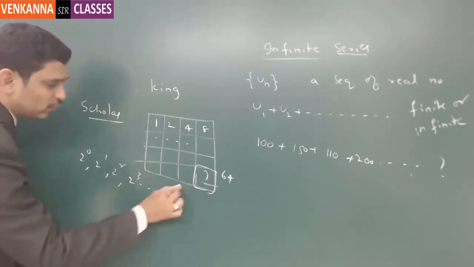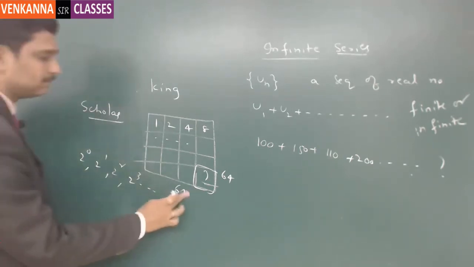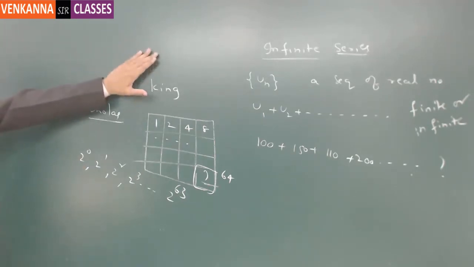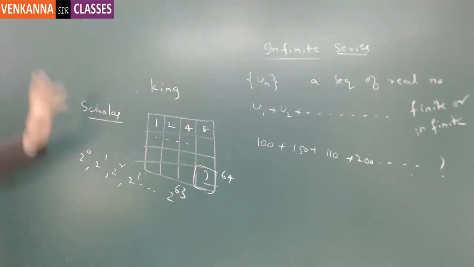The last one will be 2 power 63. Right? So, is it a finite number or infinite number? You can check on a calculator. It will give a huge number. So finally, the king admitted that he was defeated. Please forgive me. The scholar went out. This is the whole idea.